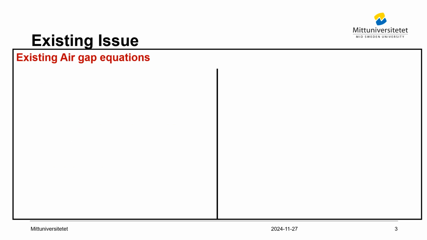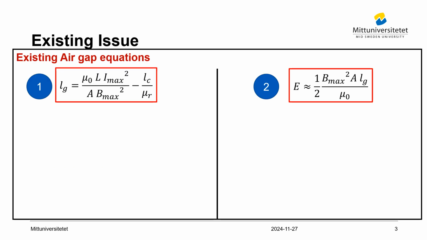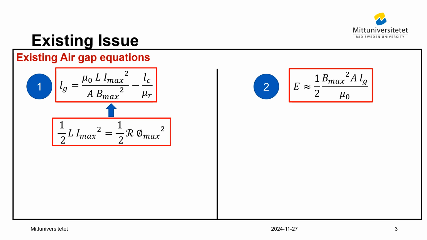the conclusion. The common existing equations to calculate the air gap that I have found in the literature are given by equation number 1 and equation number 2. To remind you, equation number 1 you can obtain by equating the equation used for the energy in its electrical form to the equation used for the energy in its magnetic form for the inductor.